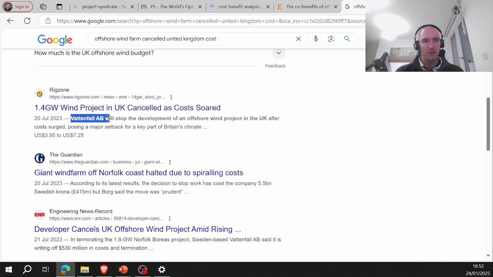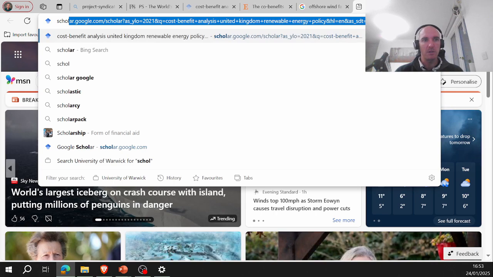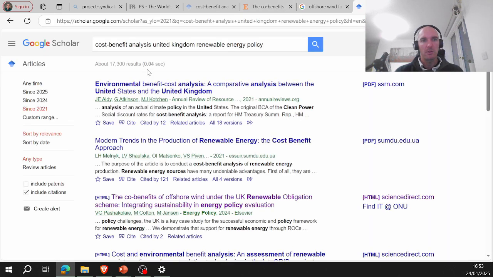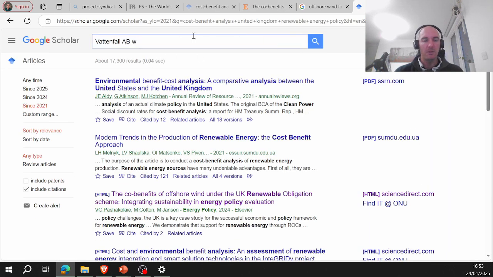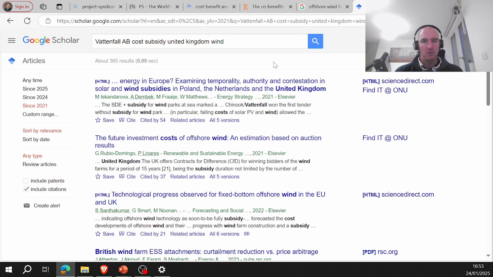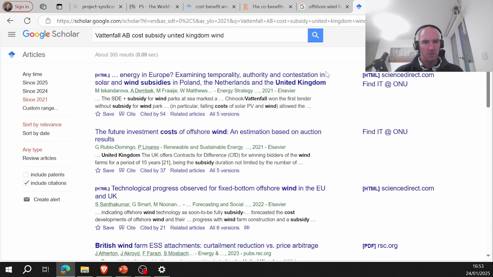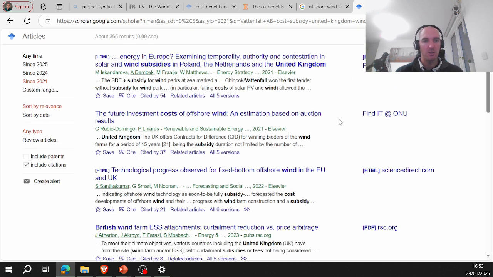Let's find out. So if we go to scholar.google again, and then we type in Vattenfall cost subsidy United Kingdom wind. This looks quite interesting, contestation in wind farms, because this might talk to us about advocacy coalitions and the kind of politics of wind farms.